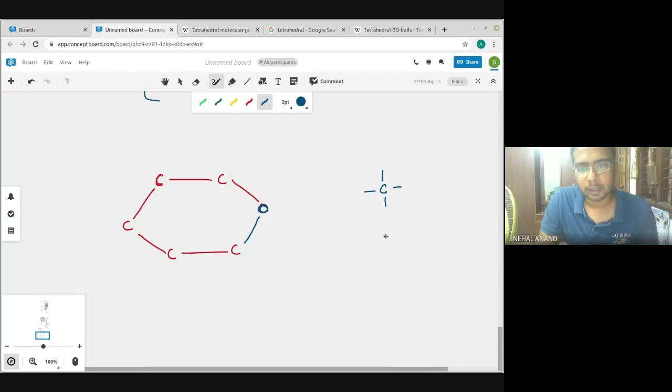It forms 4 bonds. And what about oxygen? Okay, oxygen forms how many bonds? It can form 2, right? Because it has 6, so it needs 2. Carbon forms 4, so it needs 4 more, right? What about hydrogen? Hydrogen has 1, so how many bonds can it form?